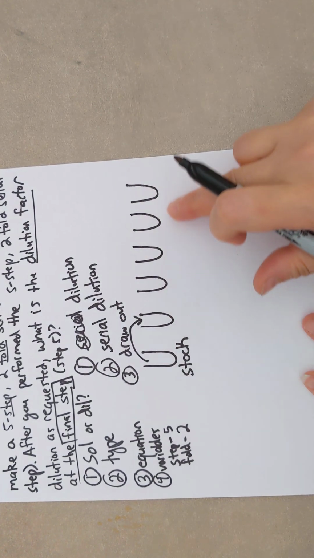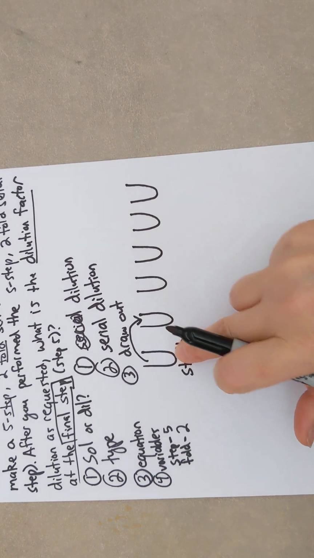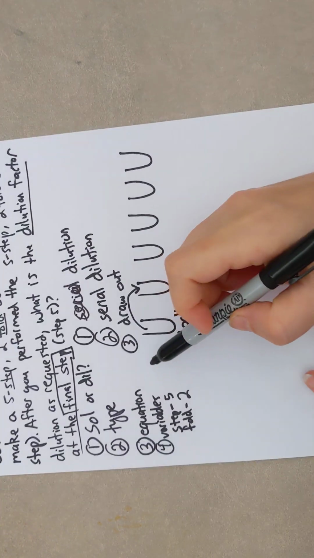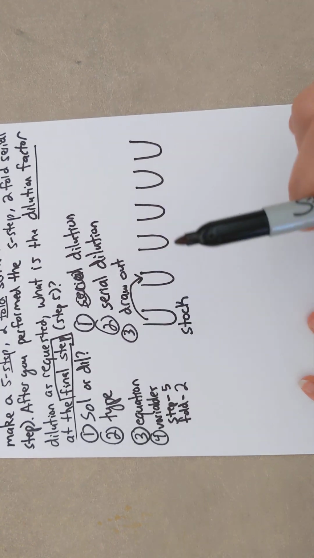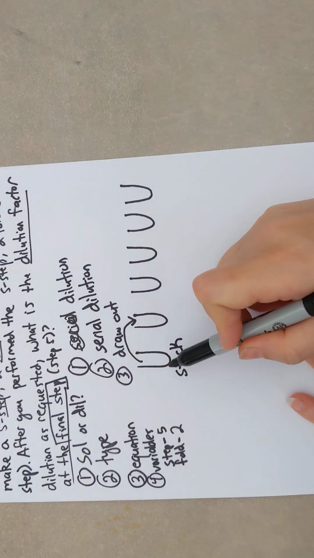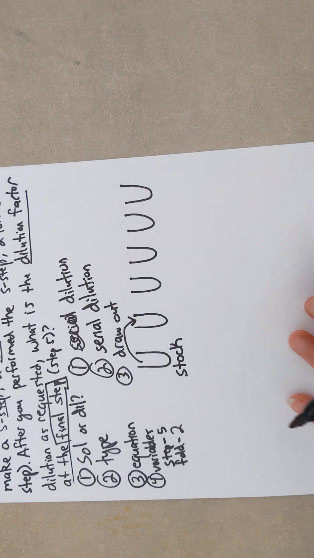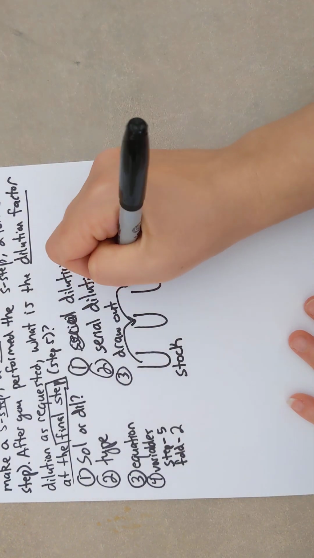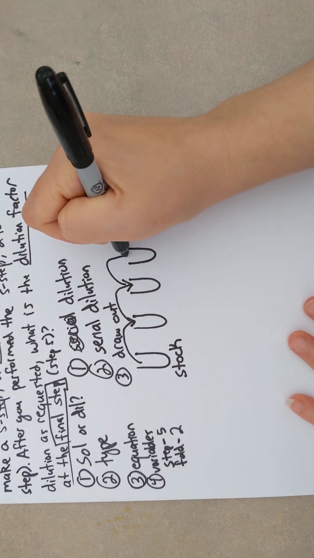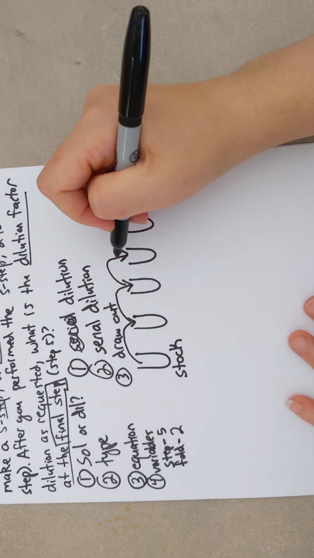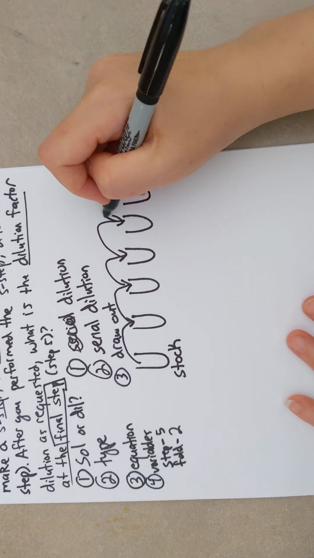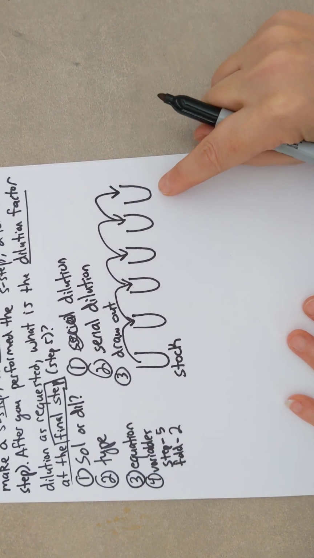So I draw out 5 containers plus the stock. In other words, you draw out the number of containers that matches the step plus 1, because you need that extra 1 for the stock. Now in a serial dilution, you take the stock and you make your first dilution. Then you take that step and you make your second step, then your third step, your fourth step, and because they've told us we're making a 5-step, this is our 5th and final step.